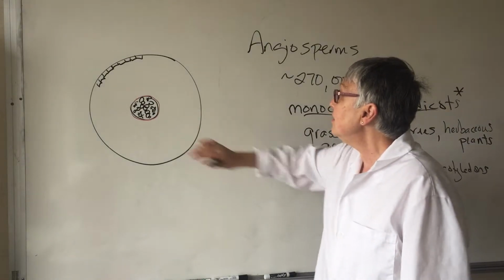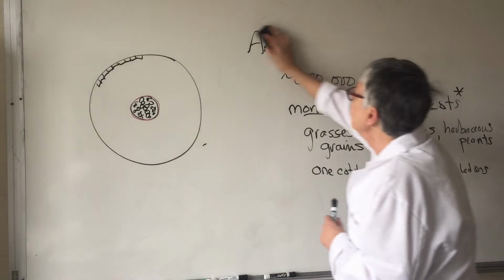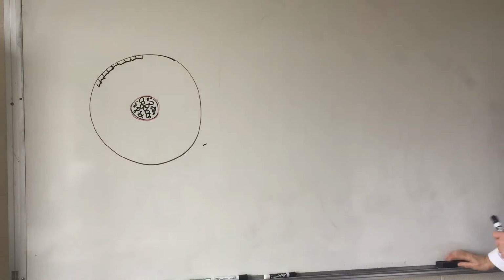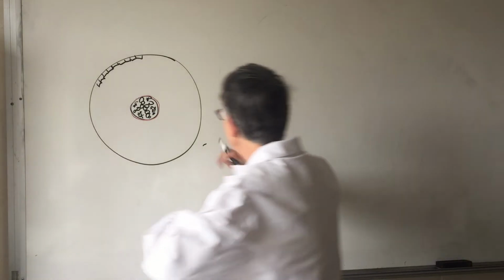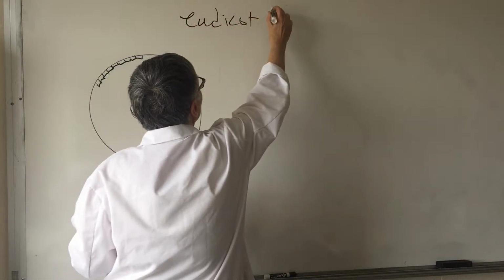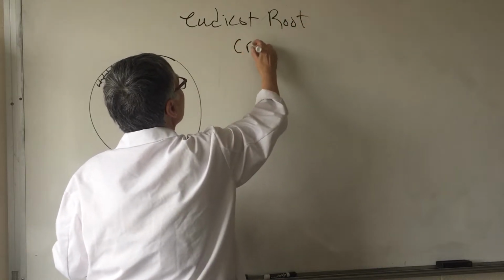So over here, I have a diagram showing you some of the structures of the root of a eudicot. So we'll put eudicot root, and this is a cross section.